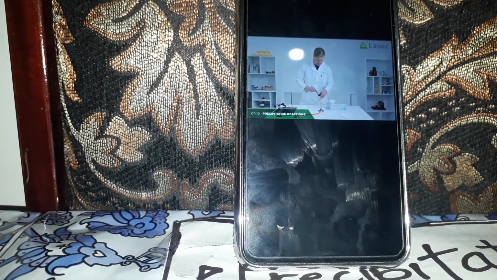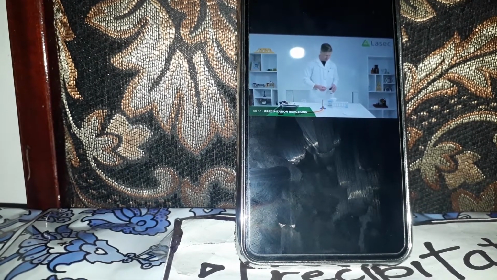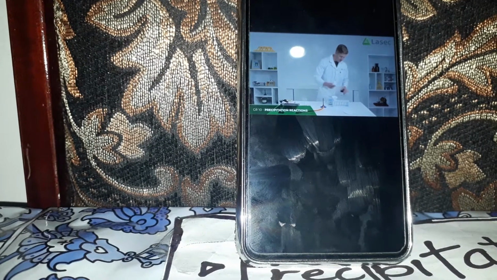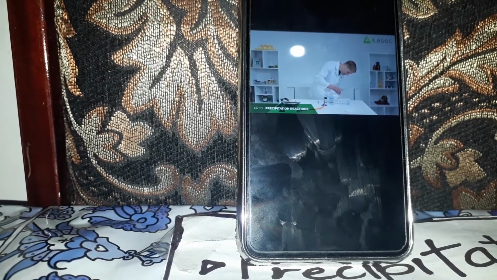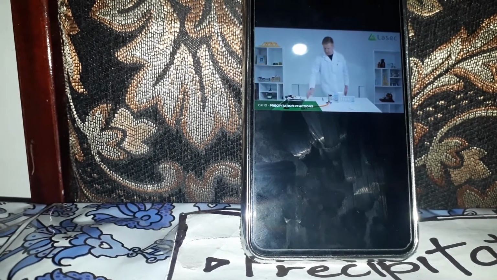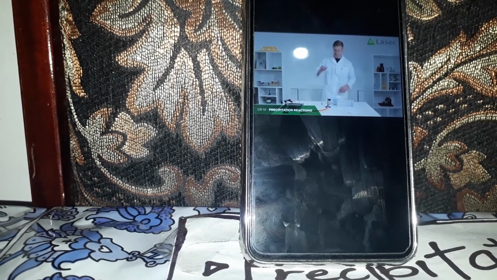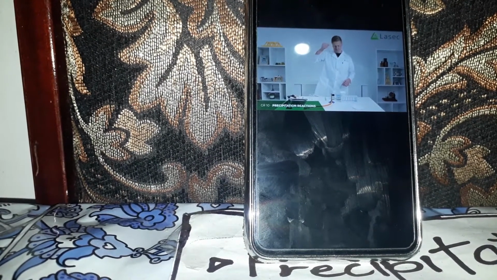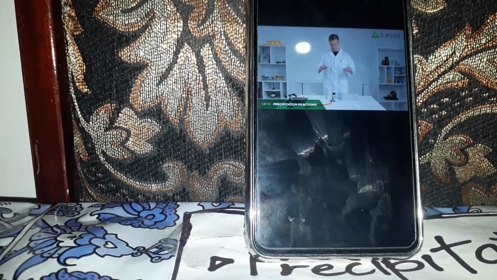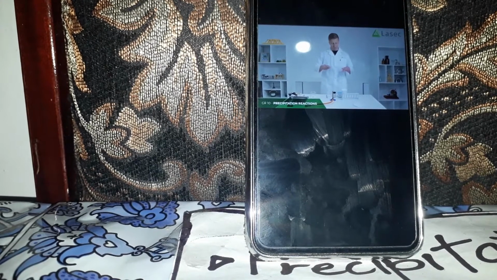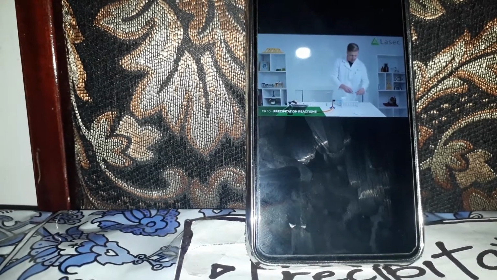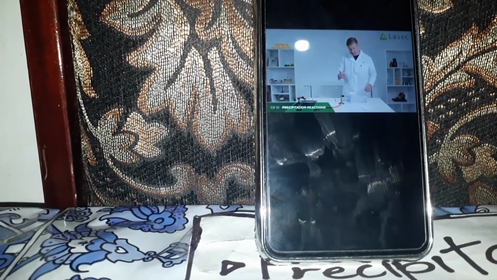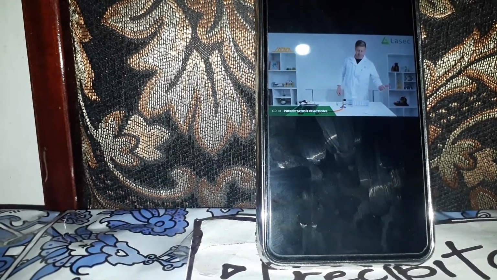So we take a little bit of that, we put that into the test tube, and we do exactly the same thing with a little bit of water. And we swirl it around and try to dissolve the sodium carbonate. So we have two solutions here, and what we're going to do is pour both of them through a filter funnel with filter paper in it, and we will get a precipitate, and then we'll get a solution.